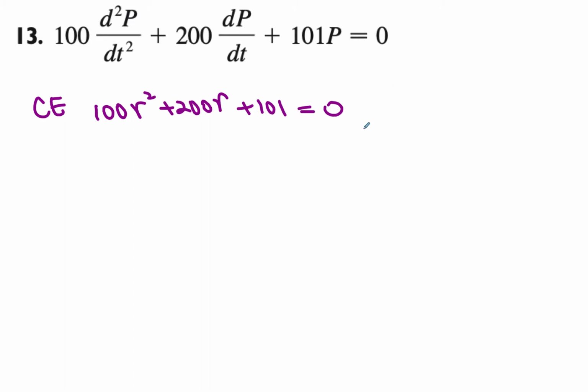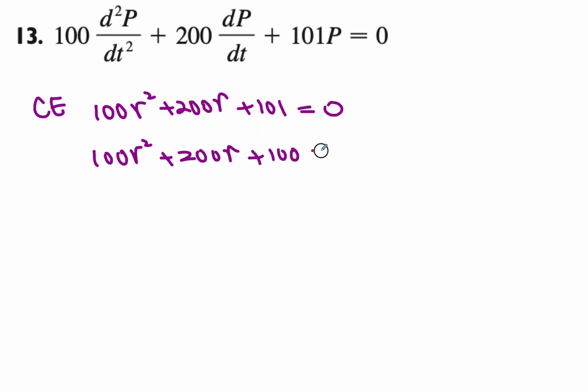In this case, we probably have to use the completing the square method. How about that? So I'm going to subtract 1, so I get 100r squared plus 200r plus 100 equals negative 1, because this looks so close to a perfect square.